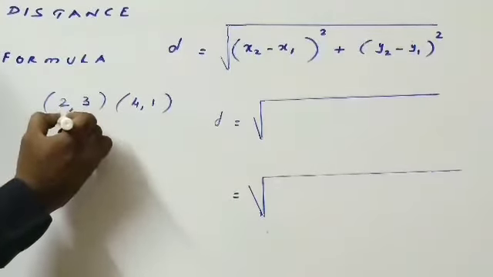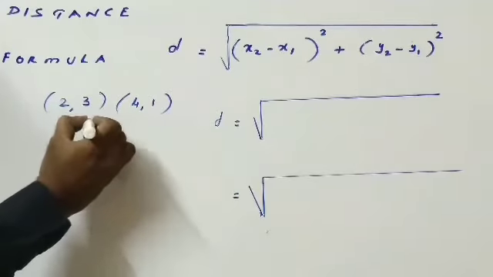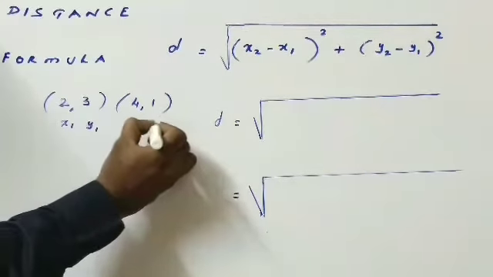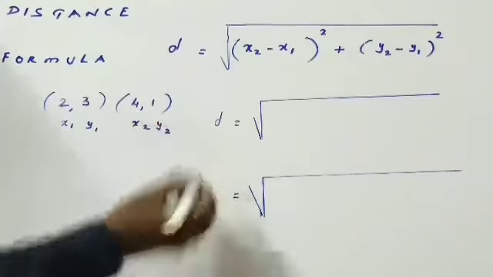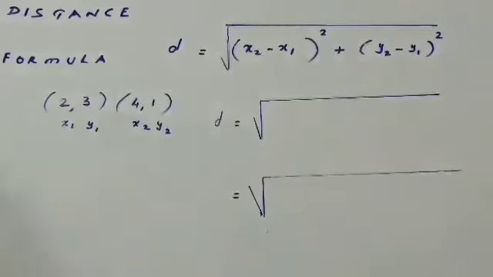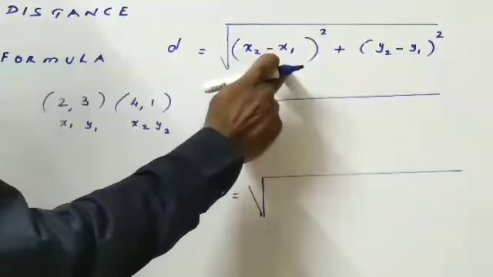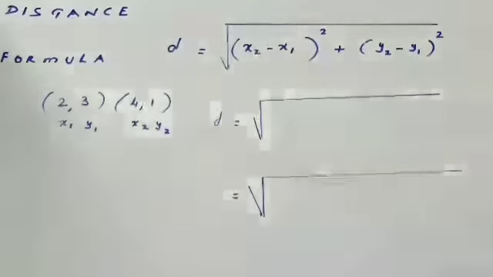Consider the first point as (x1, y1) and the next one as (x2, y2). Now simply apply these values in the distance formula. Square root of (x2 minus x1) whole square.